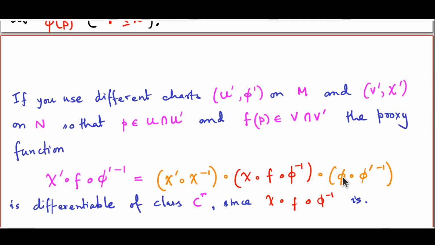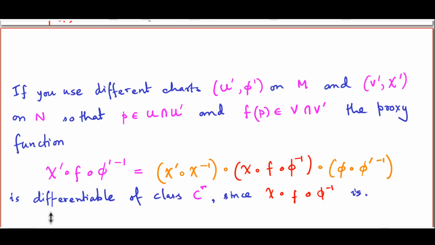You may have realized that we have actually taken both M and N to be C^K manifolds. It is of course possible that M and N are manifolds of different degrees of smoothness. M may be a K order manifold and N may be a K prime order manifold. In such a case, for our conclusion about f being differentiable of class C^R to hold, irrespective of what chart we are using, R must be smaller than or equal to the minimum of the two smoothness degrees K and K prime.